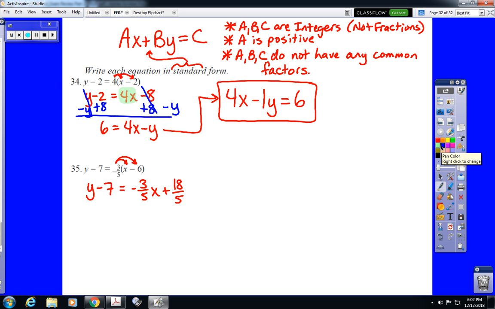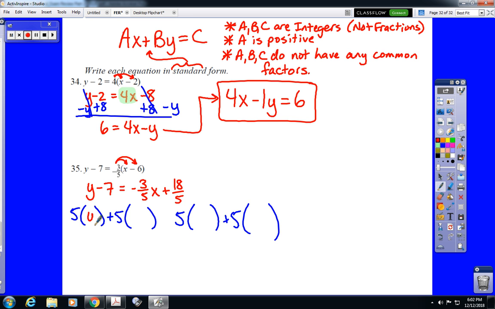We need to do what's called clearing the fraction, which means we need to multiply every single term of that entire expression by the denominator, which would be 5. Okay, so we're taking every term.